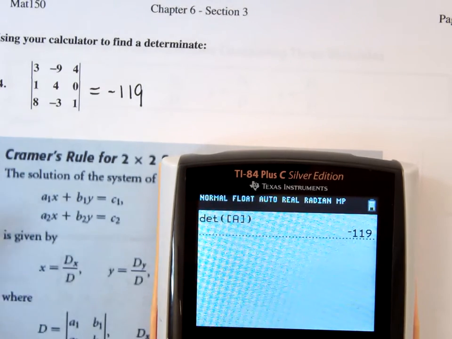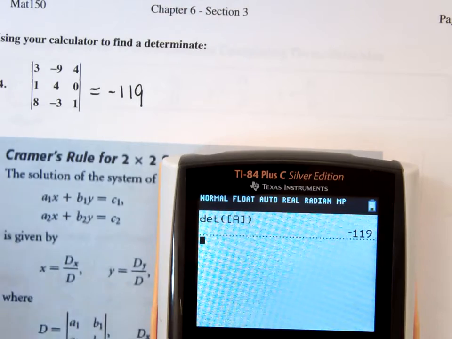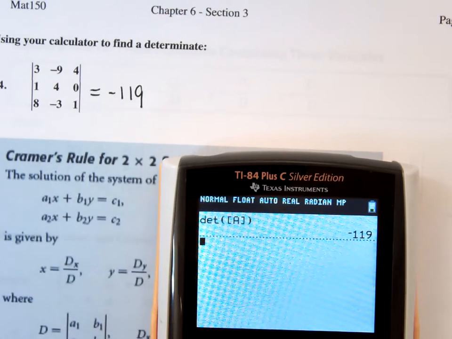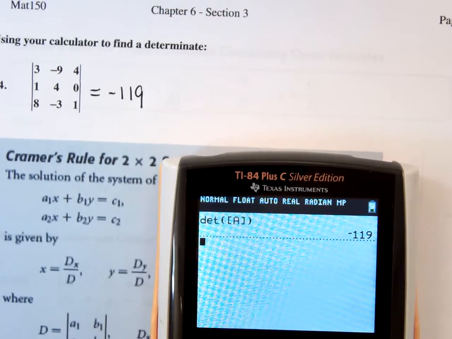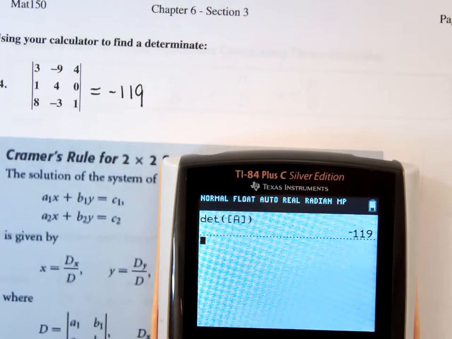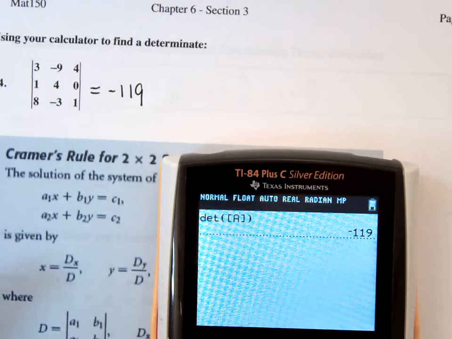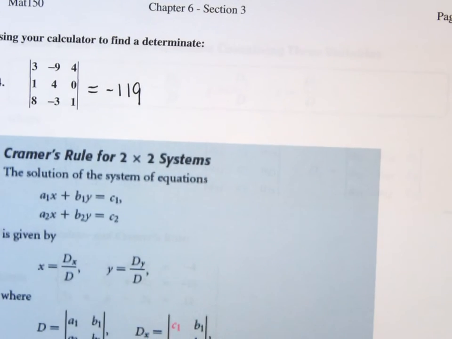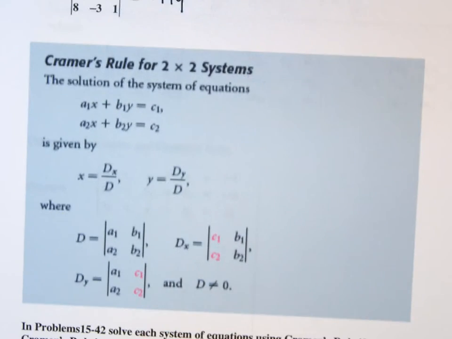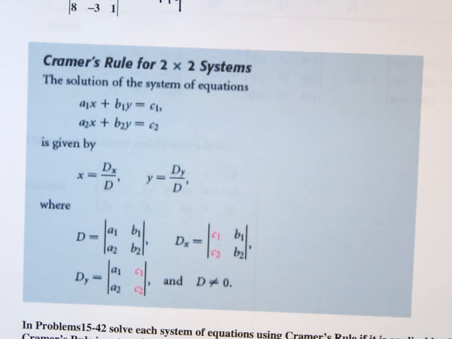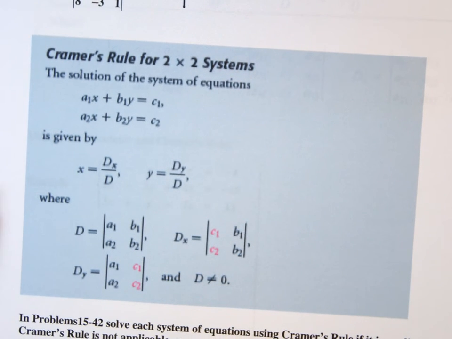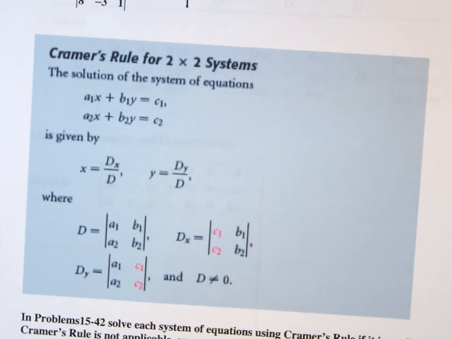Now, what's going to be coming up, as long as I put stuff in A, I don't ever have to type determinant of A again. Or I could still pull it back and then put in a different matrix. So here we go. This is a way to solve a system of equations, and this is what I used when I took physics, and it was Cramer's rule.